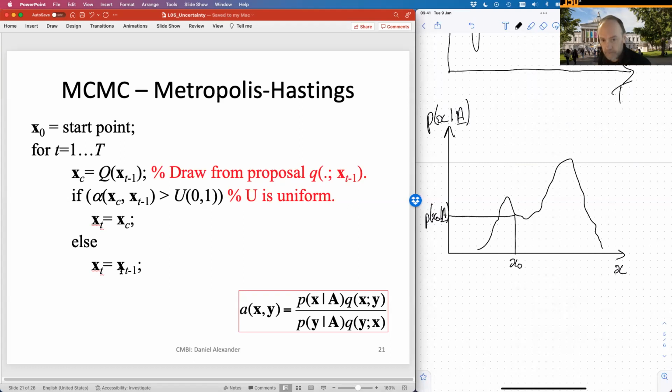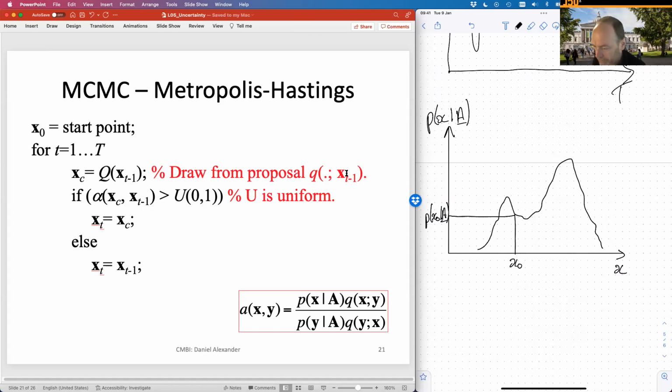Now I'm going to choose some new candidate position according to some proposal distribution, Q, that takes as a parameter our current position. There are many different ways of choosing this proposal distribution, and we'll come back to thinking about that a bit more later.